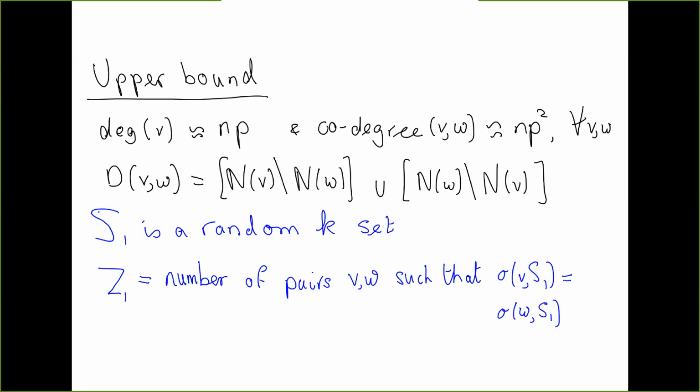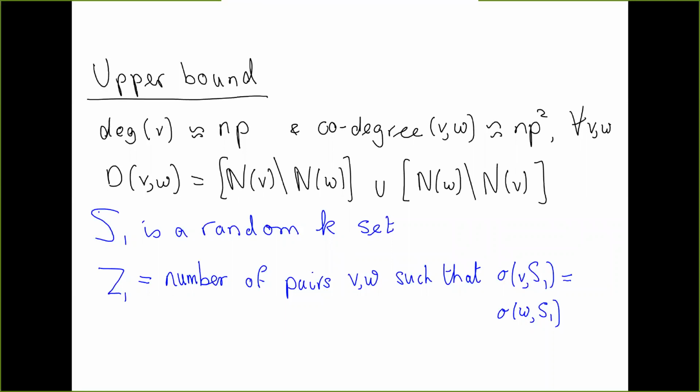And D of V, W is the set of places where V and W have different neighborhoods. So if I pick something in D of V, W, I can distinguish between V and W.